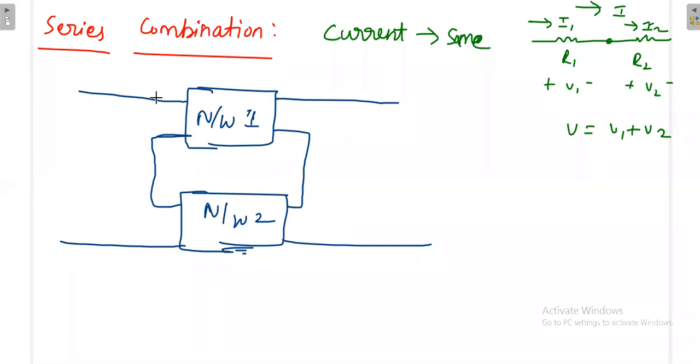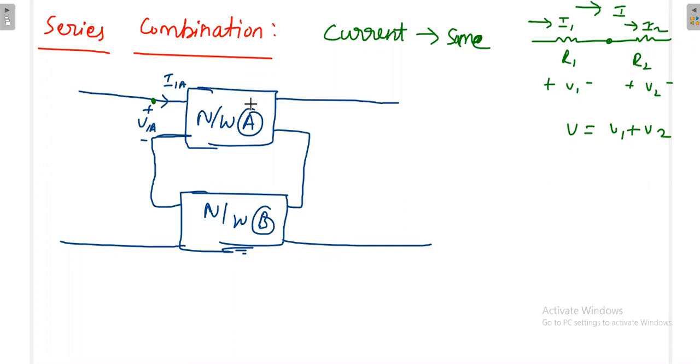Because if you see here, this is the local voltage with respect to the network. Instead of using network 1 and 2, I will use another notation, network A and B, because 1 and 2 we'll be using for input and output ports. So this is network A and this is network B. For network A, this is the voltage V1A on the input side, and the current is I1A.